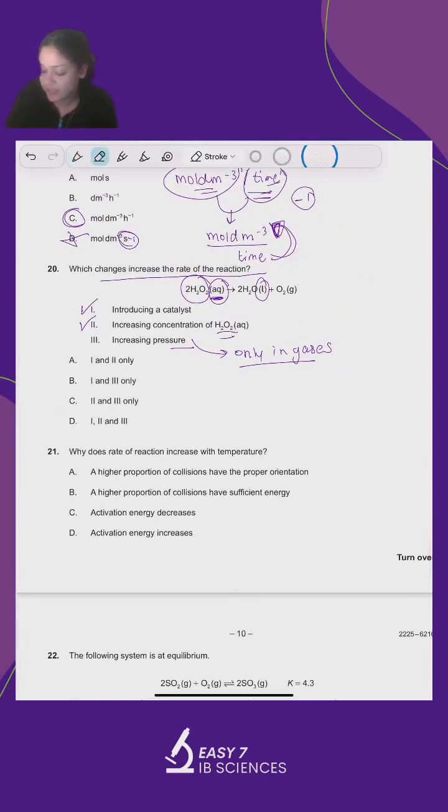So keep that in mind. If the reactants were gases, absolutely. If the reactants are not gases, then I would say that this is incorrect. So the correct answer is A, which you guys got anyway. You guys are smashing it, doing amazing.